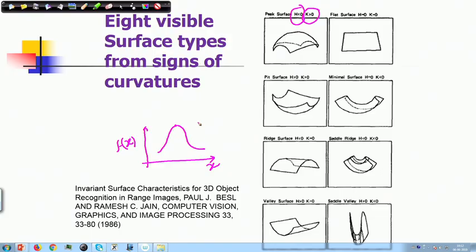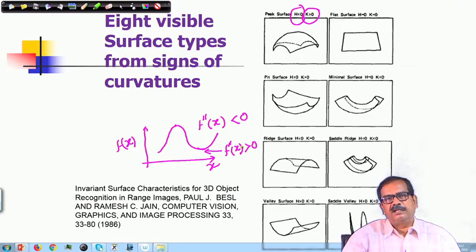That means, if I take f double dash x, the double derivative, that is less than 0. Whereas, if it is a minimum, then f double dash x is greater than 0. We already know this particular feature and it can be explained from differential calculus. From there we can explain why the signs should be negative and positive respectively.